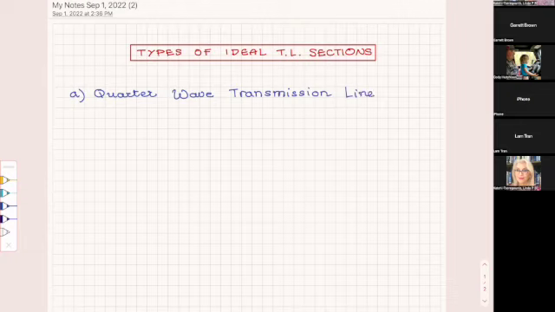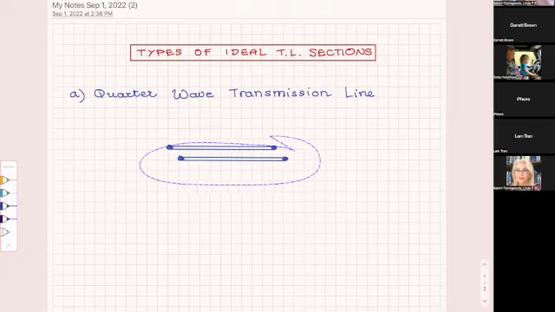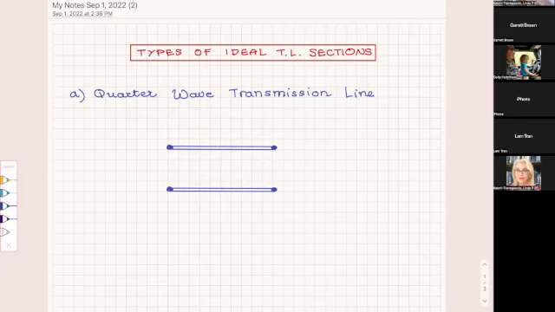All right, so let's take one line here. Now let's assume that this has a characteristic impedance Z1.